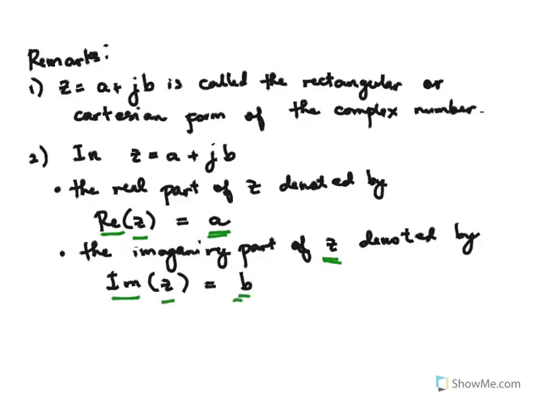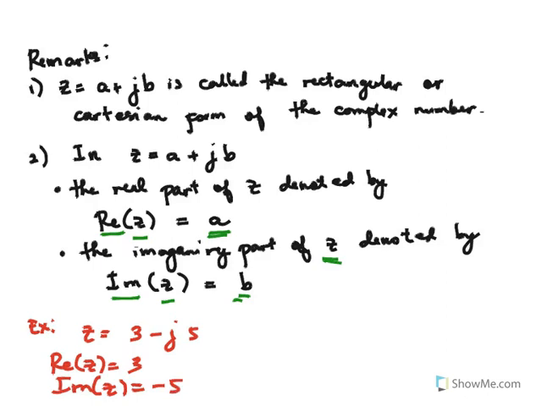That is why if we have, for instance, the complex number z equals 3 minus j5, the real part of z is 3, while the imaginary part of z is -5.